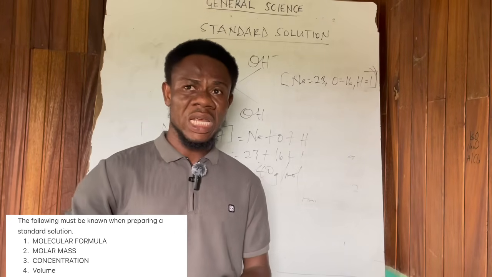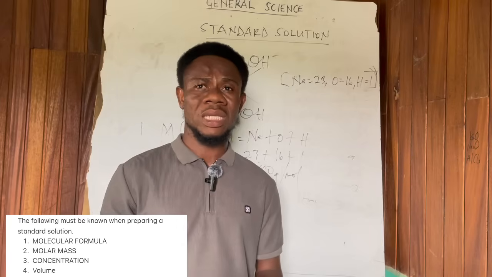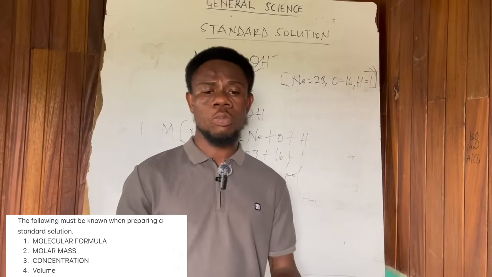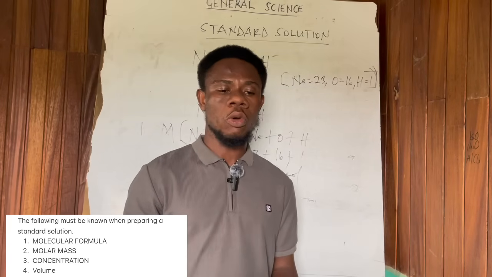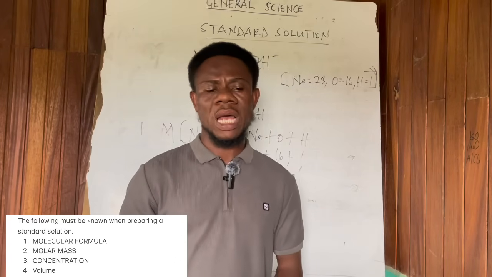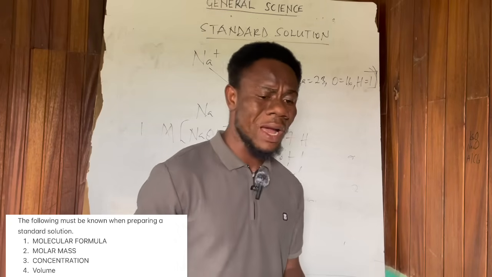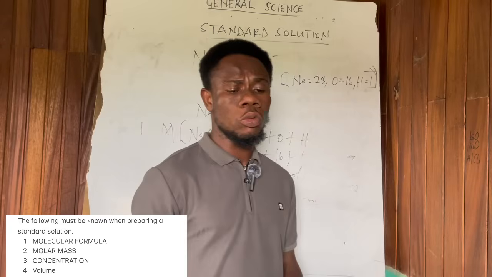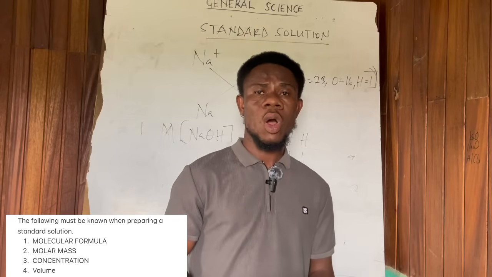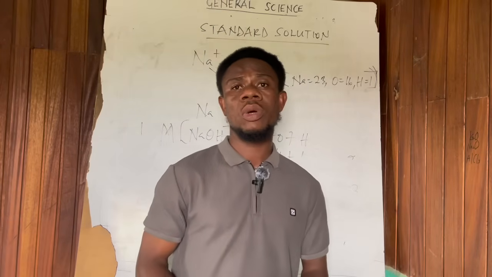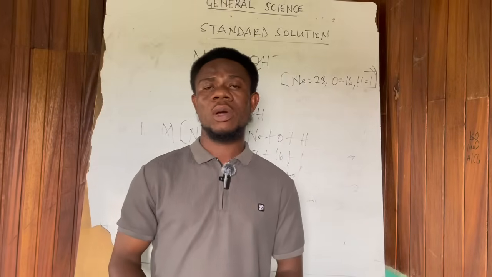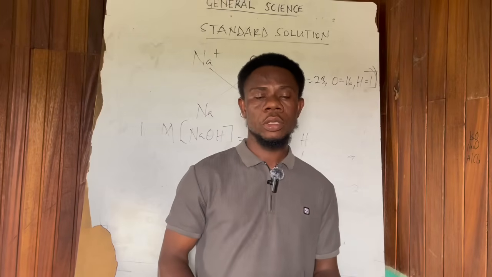It does not mean any compound will be given the concentration as 0.2 molar. Next one is our volume. The volume can be in centimeters cube or dm cube or in milliliters. So we will give you the volume of the solution, then you use it.